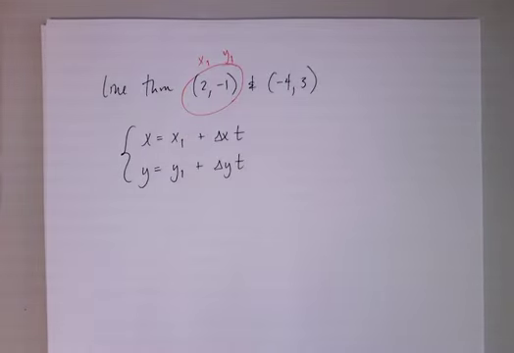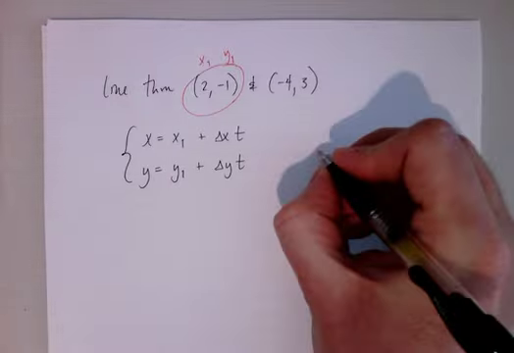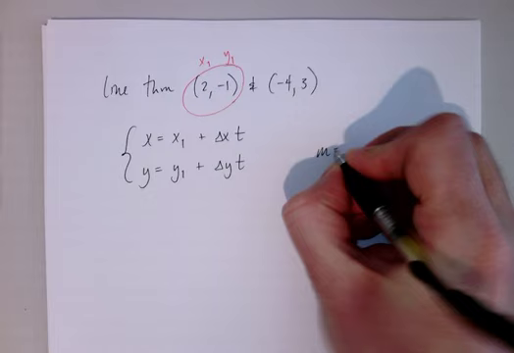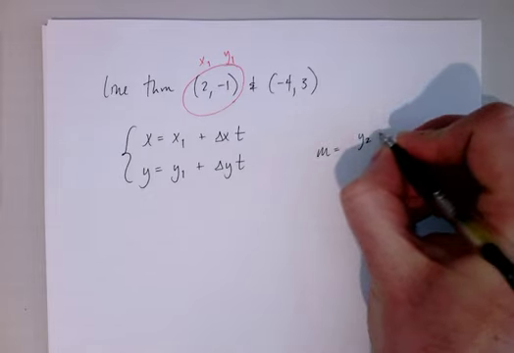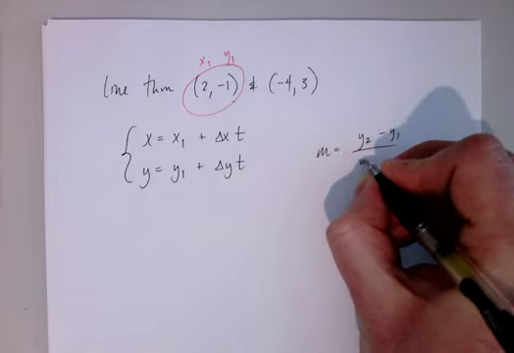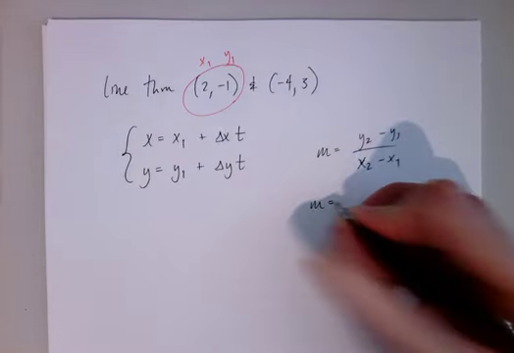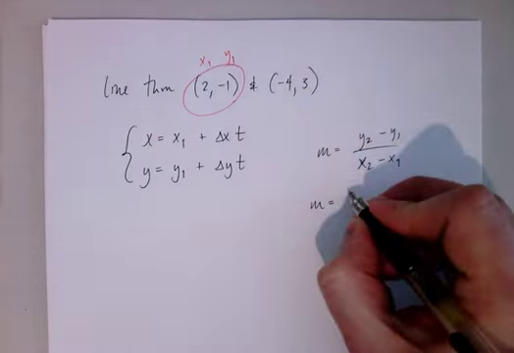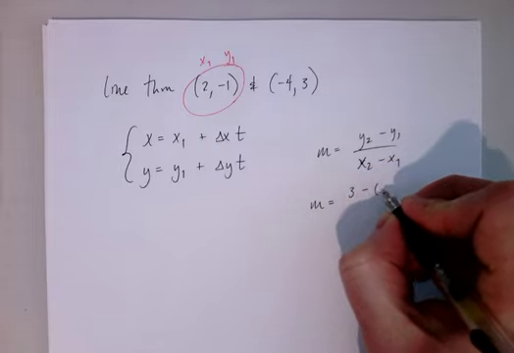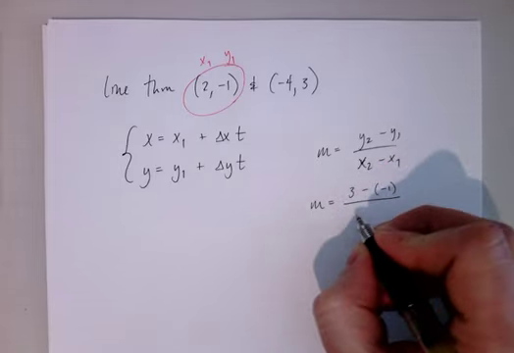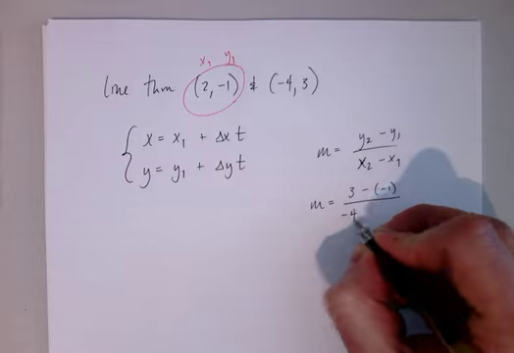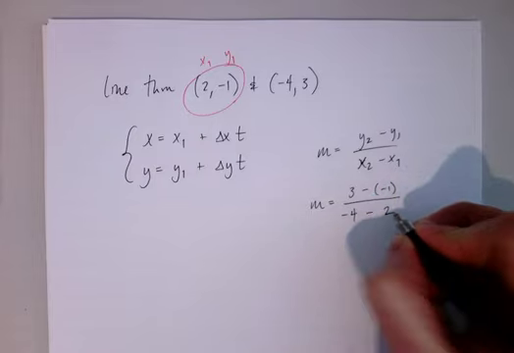Now the next thing that I need is I need the slope. Well, that's easy enough. I know that slope is equal to y2 minus y1 over x2 minus x1. So in this particular case, y2 happens to be 3, y1 happens to be -1, x2 happens to be -4, and x1 happens to be 2.